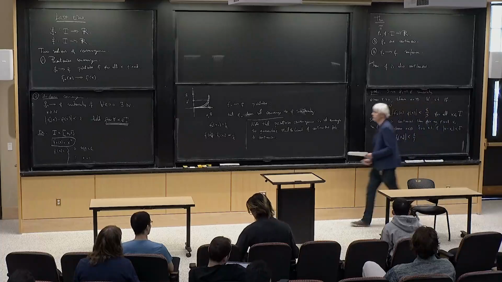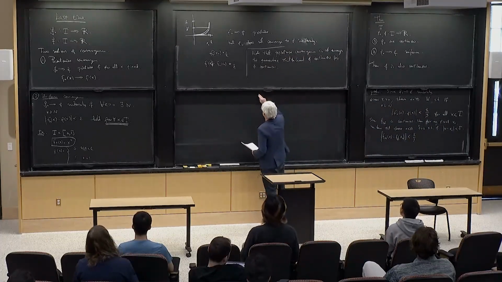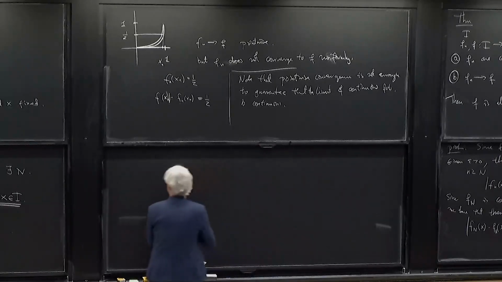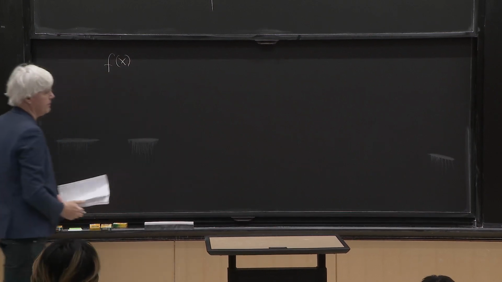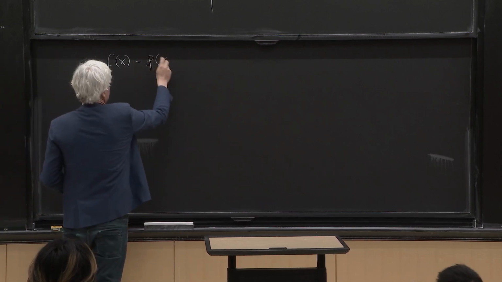And so now we need to estimate the difference. What we're really interested in is f, but the f_N is going to help us estimate the difference between these two numbers.